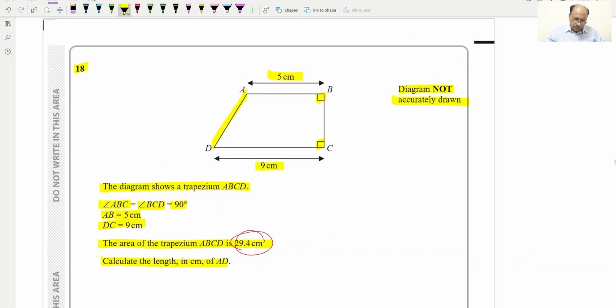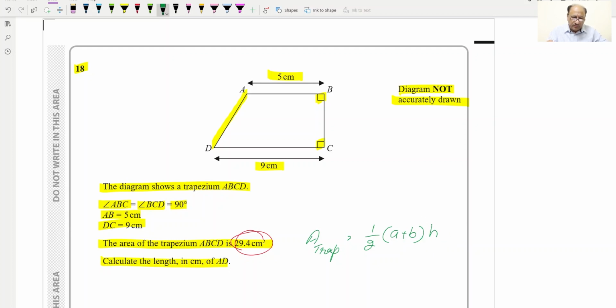So we will be using the area of the trapezium and finding the length. The area of a trapezium formula is half into A plus B into H, and this H is the perpendicular height.